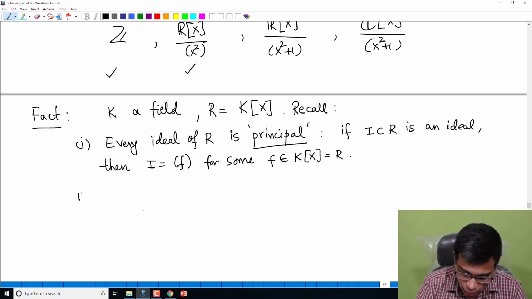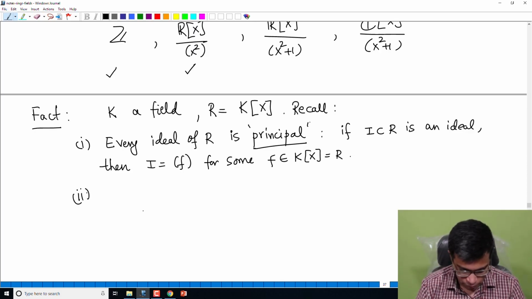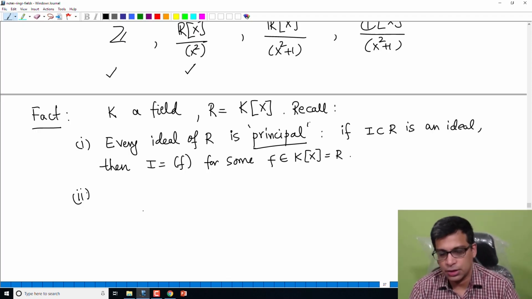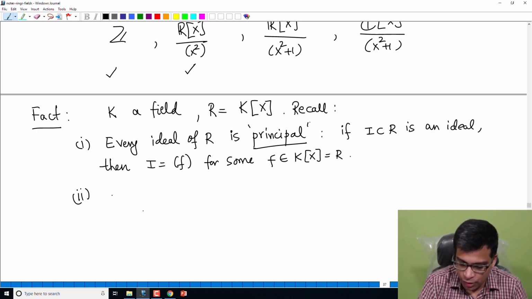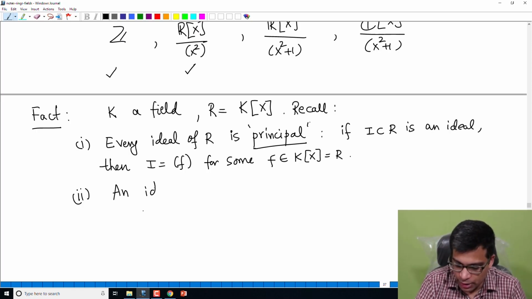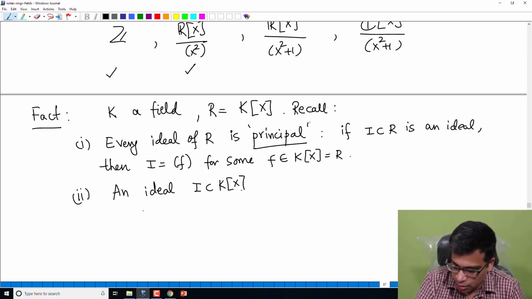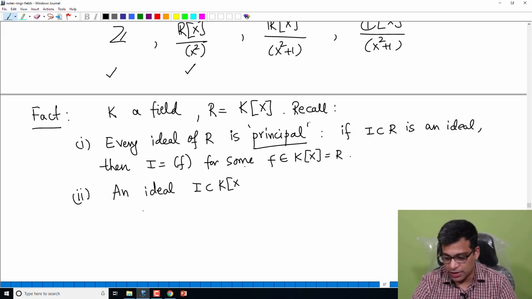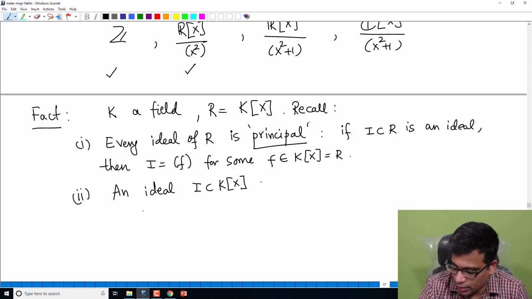Now the second fact I will write, which maybe I did not mention explicitly before, but it's an easy exercise. An ideal generated by f in K[x], which is again R, is maximal if and only if f is irreducible. This is a statement which is very special to polynomial rings over a field in one variable.